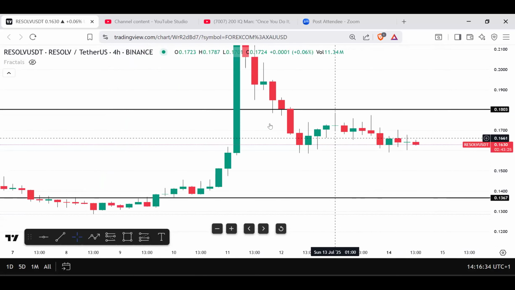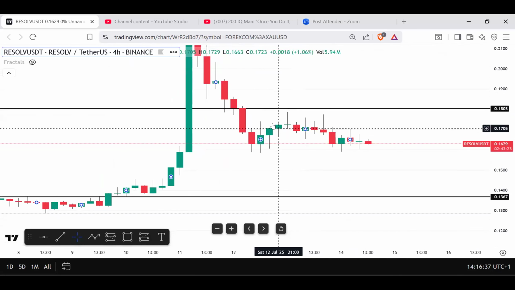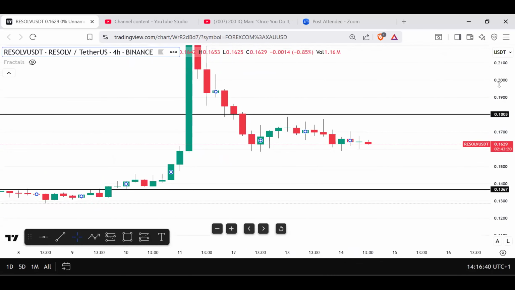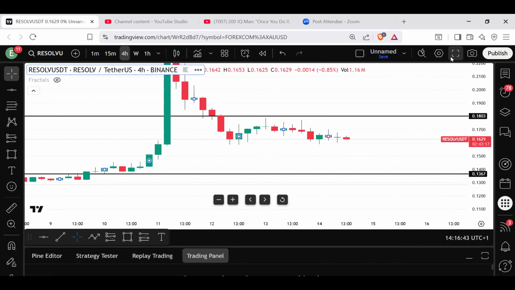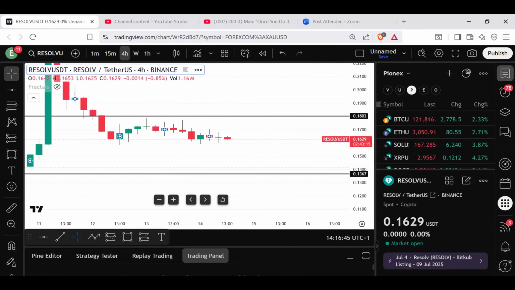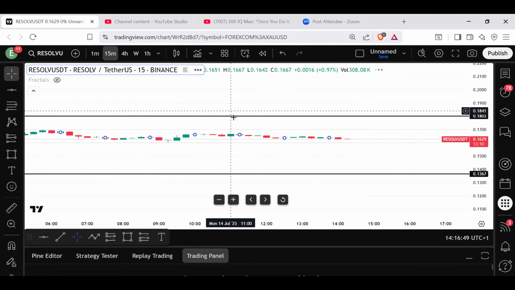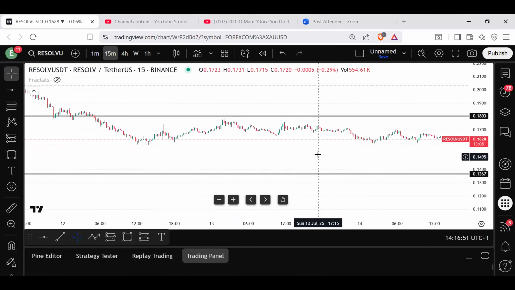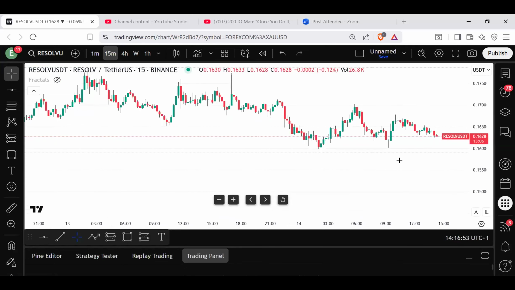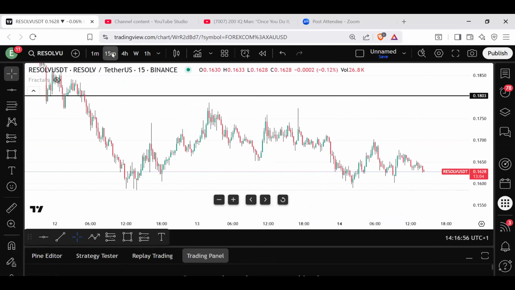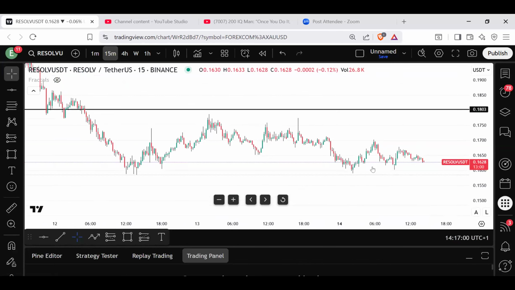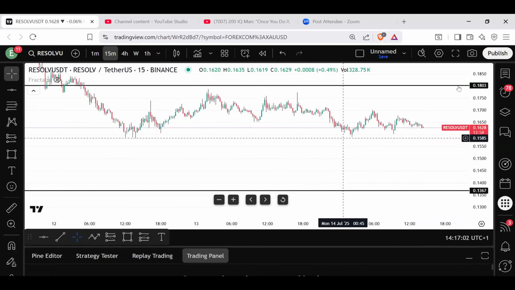So once I mark the key level on the higher time frame, I go to the middle time frame, and on the middle time frame I want to identify the trend. In this case, the middle time frame will be 15 minutes, because the chart is very small.